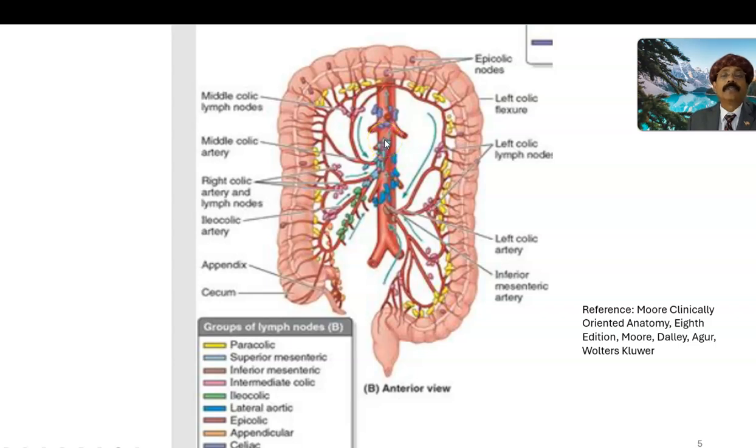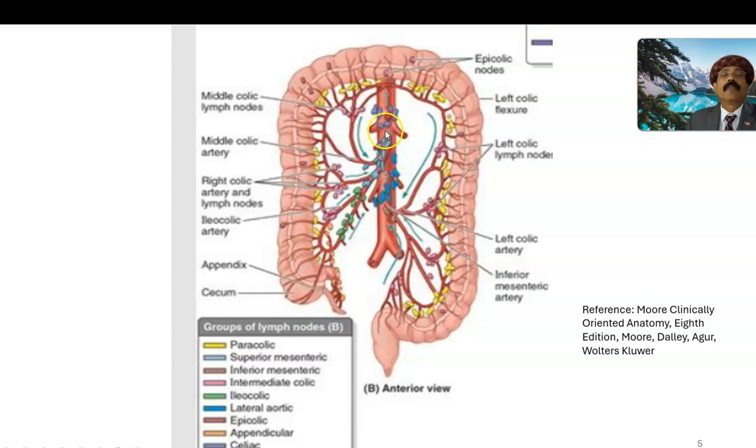Then from the ascending colon, the right colic artery supplies the ascending colon, and that is also going to the superior mesenteric lymph node.